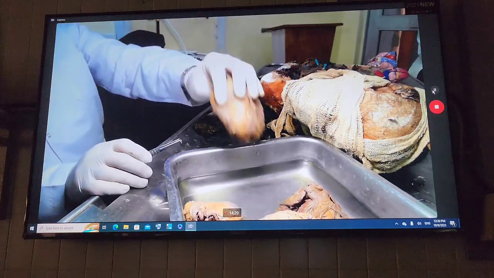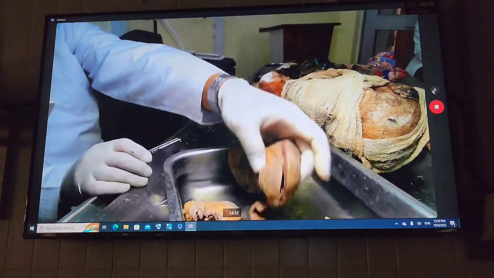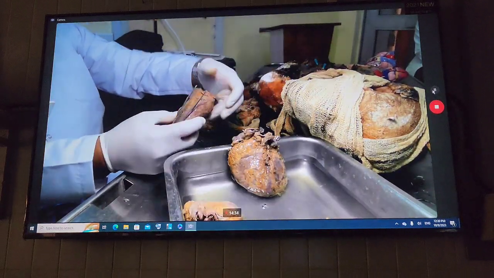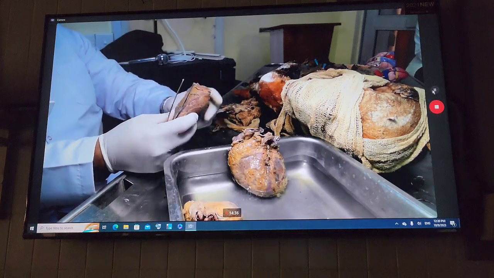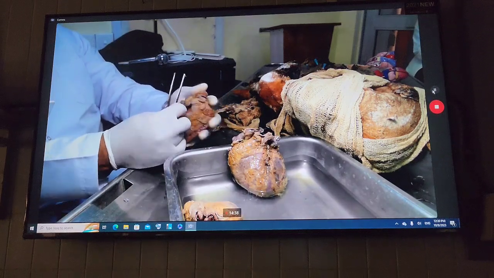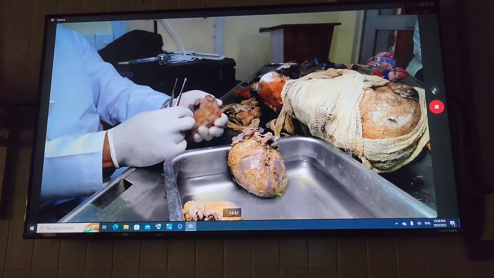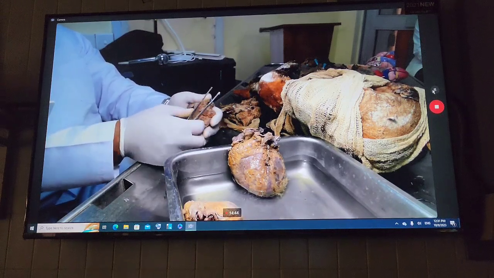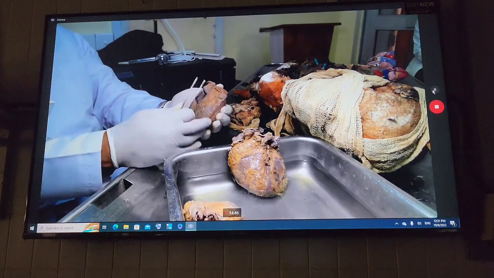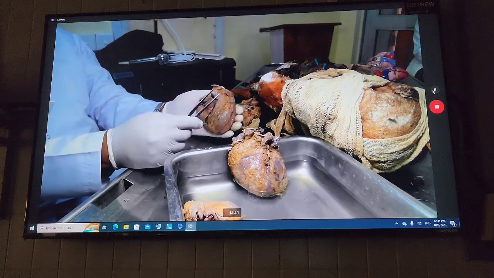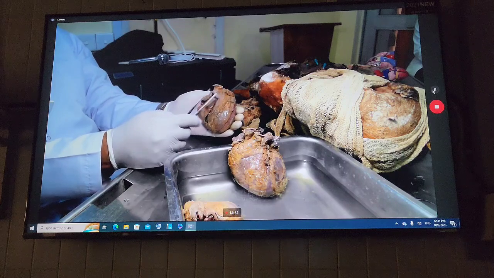If I open the heart from inside, I have to open the heart and study it, but again and again, you must remember, don't ever study the heart without putting it in the anatomical position.